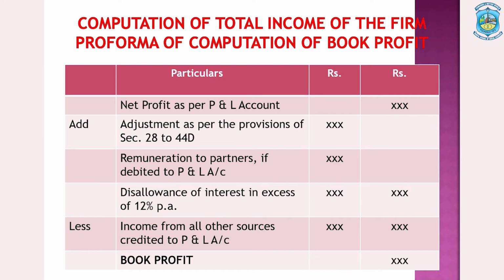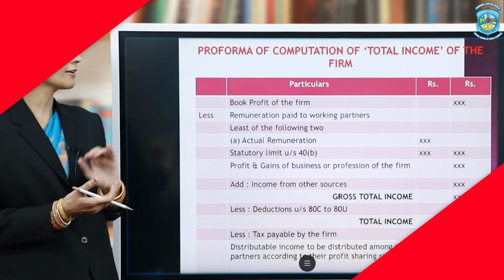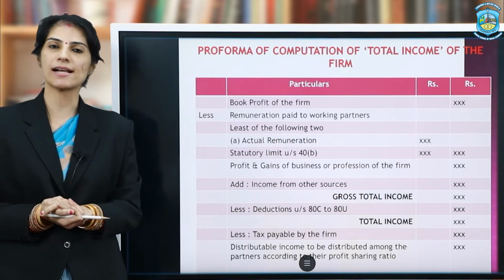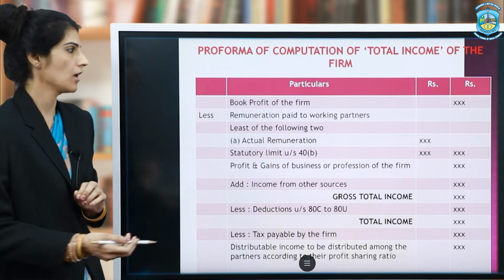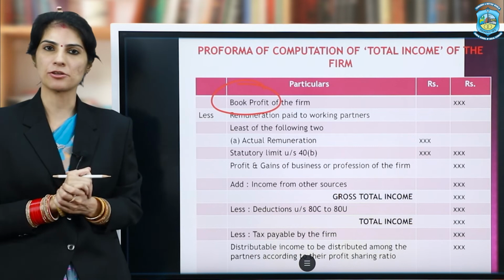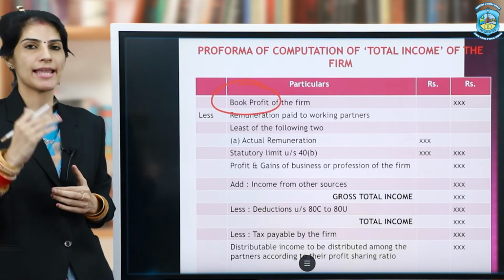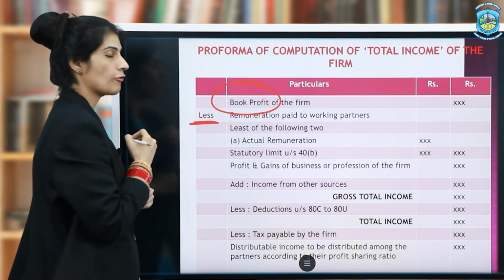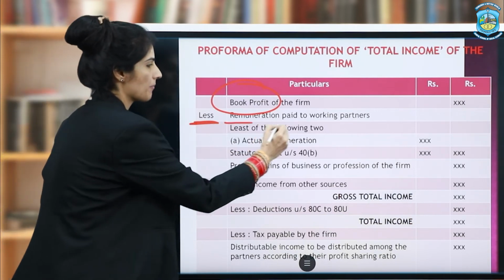Now we are going to move on to the next format, how to calculate the total income of a particular partnership firm. So here is the format of calculating the total income and then ultimately the tax liability of the partnership firm. We are going to start by writing down the book profit as we have calculated in our first format. Then we are going to give the deduction as per 40B, that is remuneration.